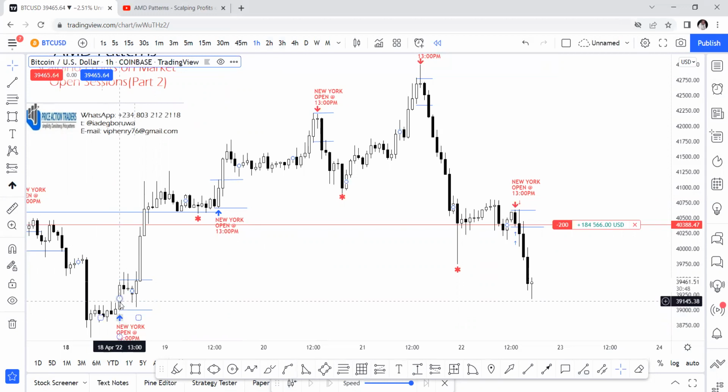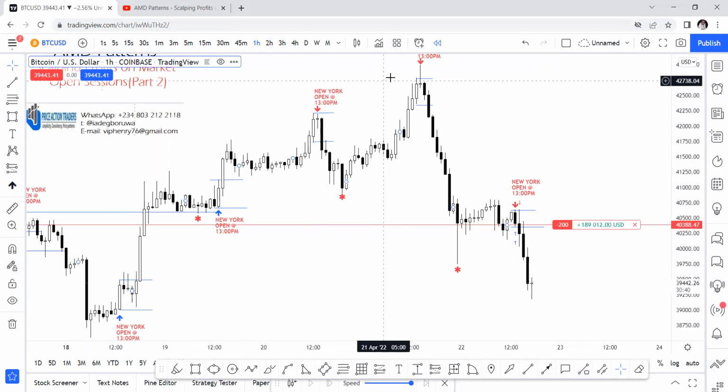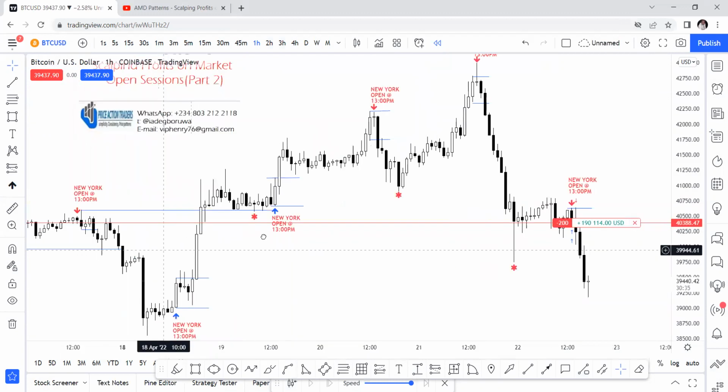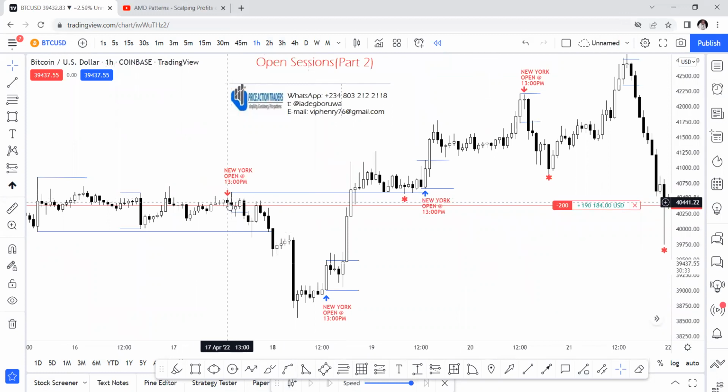See, this 13, right? Then we have this breakout, this range. After 13, you form a range. Then you see the move. It never came down. See, New York open, 13. So my focus on Bitcoin is just on the New York open.